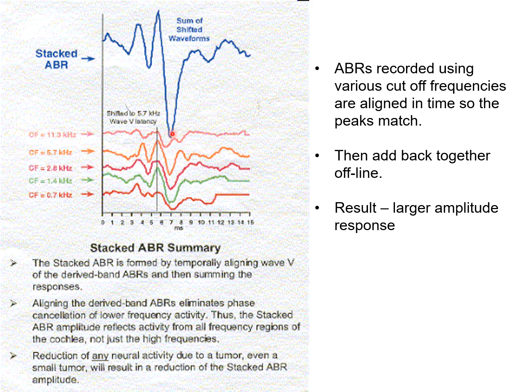So even just a small reduction in amplitude can be observed. And also it represents low and high frequency activities. So as long as there is any reduction in neural activity, then the stacked ABR amplitude will be decreased.